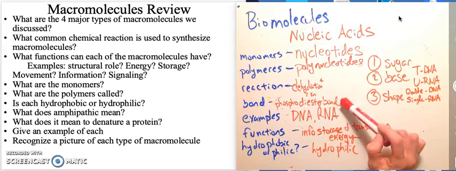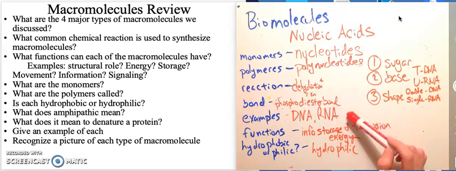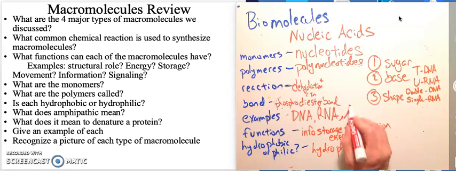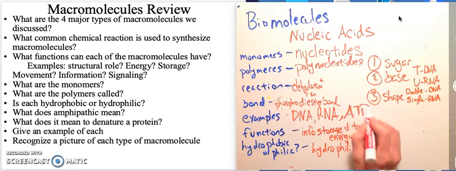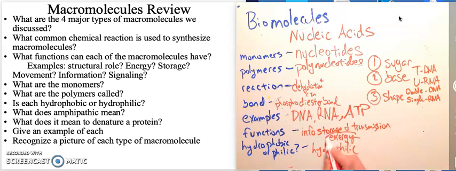The new bond that's formed is called a phosphodiester bond. Our examples include DNA and RNA, and I want to add one more, which is ATP. ATP is adenosine triphosphate. It's an RNA nucleotide that has 3 phosphate groups attached, and its function is for energy.